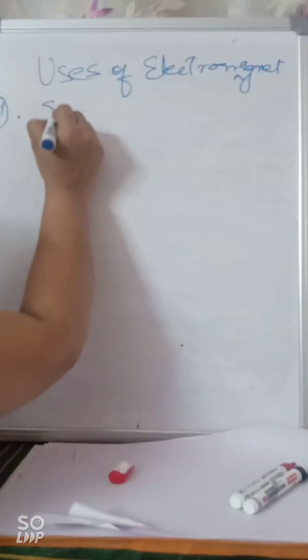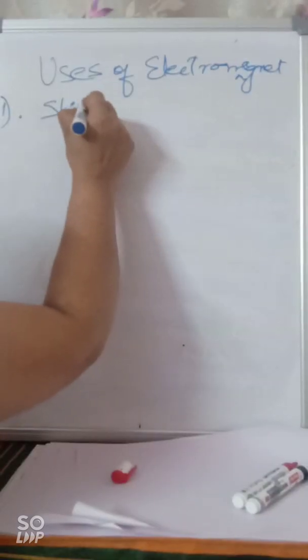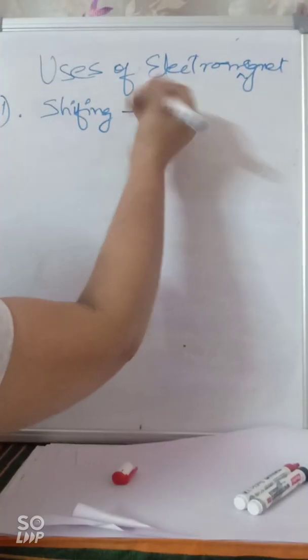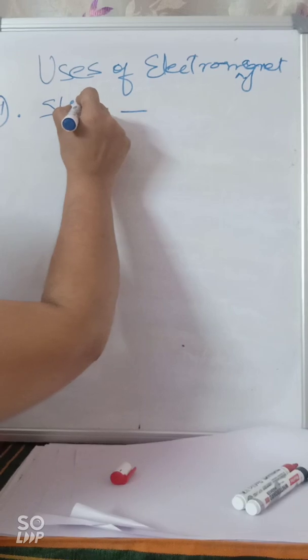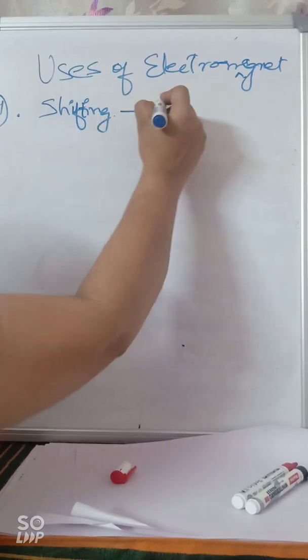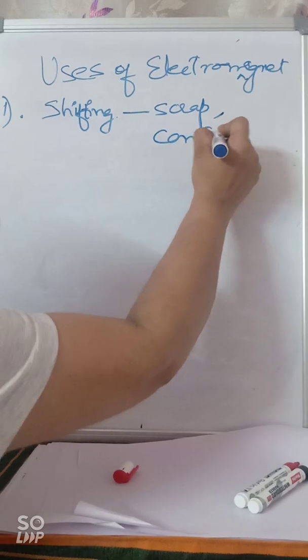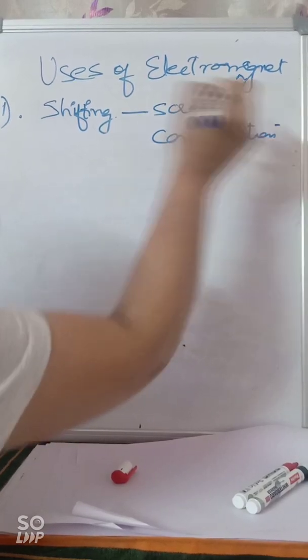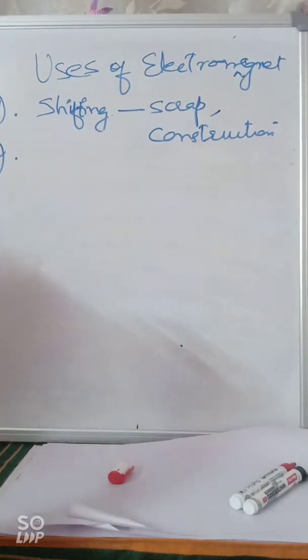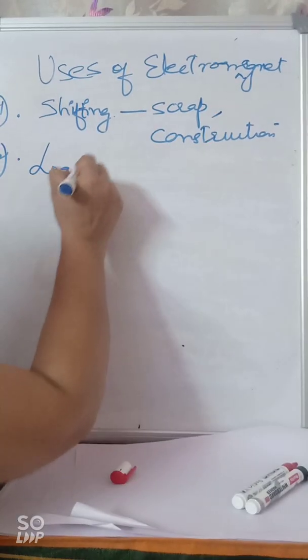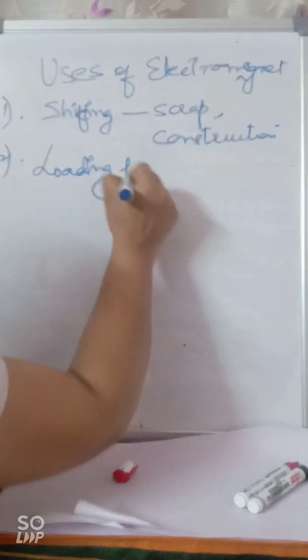So this is for shifting, for scrap or for construction purposes, right? Another use is loading the furnace with iron.